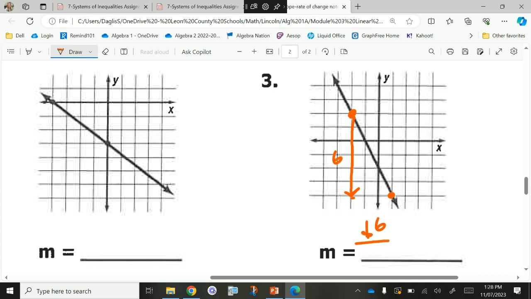Down 6. And then I went over how many? 3 to the right. So -6 over 3. That's going to be 2 over 1. You just make sure it is going to be negative. So that one becomes -2. If you put -2 over 1, you're fine. That is technically correct. Because if you go down 2 over 1, down 2 over 1, see how those are also points on the line? So it just did a little jump for the -6 over 3.